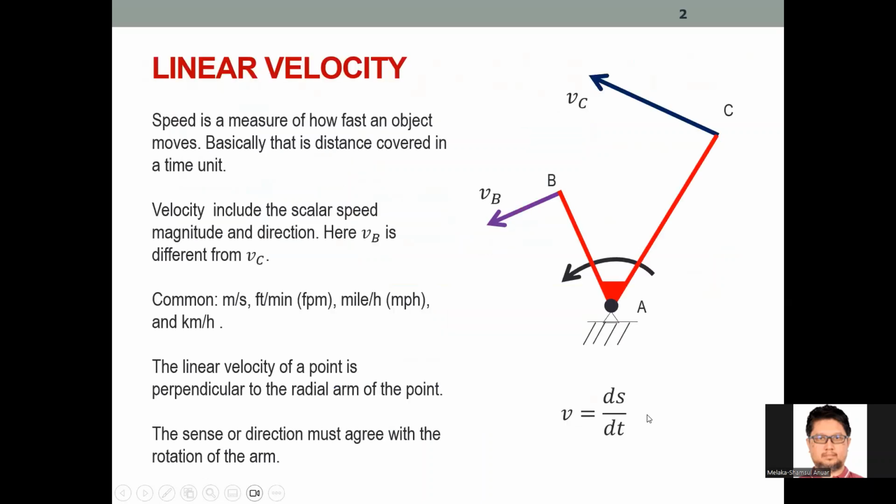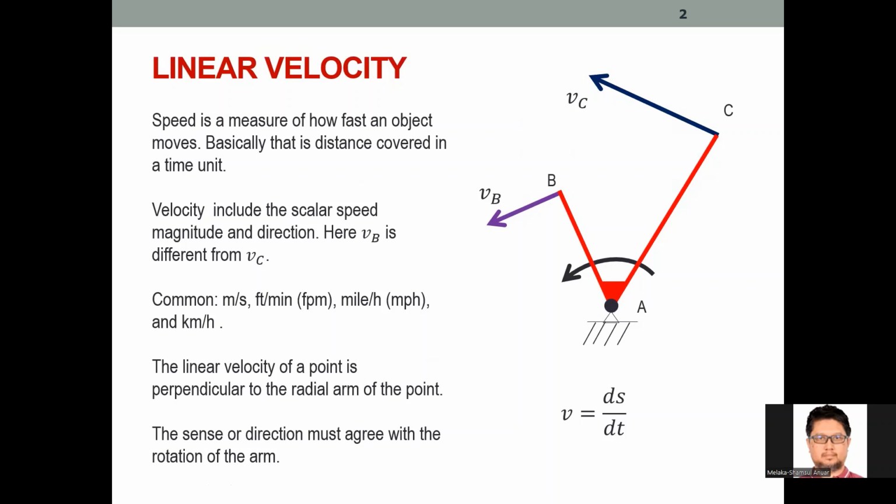So for linear velocity, we need to talk about speed and also velocity. Speed is when we measure how fast an object moves. It is a scalar unit, distance over time unit.